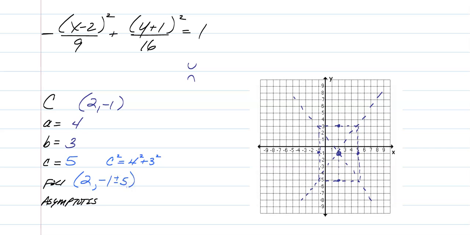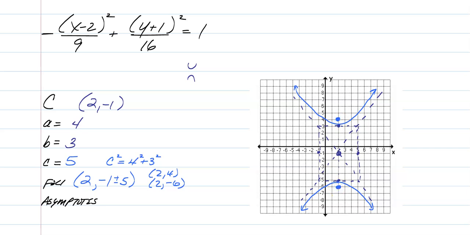Again, because we are opening up and down, our foci are going to be up and down from the center. So that means we've got one at 2, 4, and another one at 2, -6. So at 2, 4 we have a focus, and at 2, -6 we have a focus.